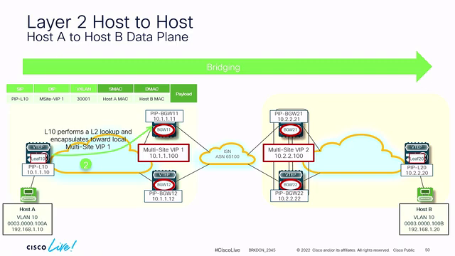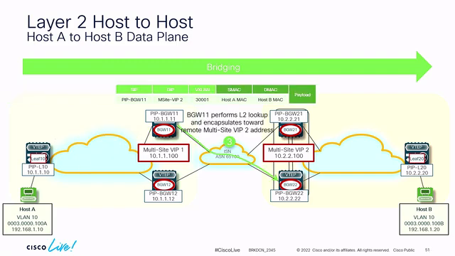One of the border gateways here, the top one, for example, gets this packet. We look in this MAC VRF table and say, okay, to get to this MAC, the next stop is the remote site border gateway. It means that it exists in that remote site. So the border gateway encapsulates, changing the destination of the packet to the multi-site VIP of site 2, right?